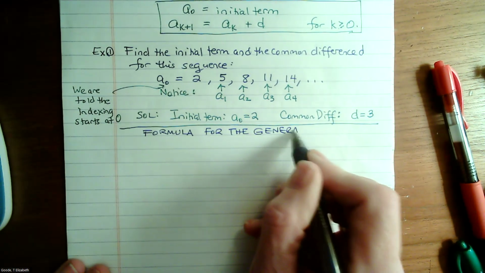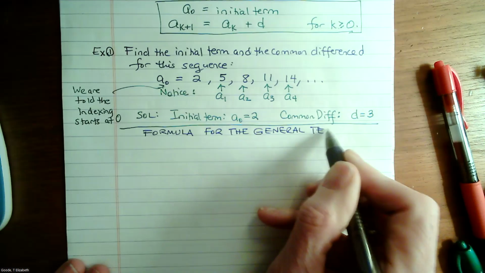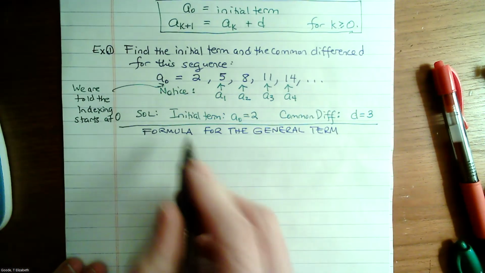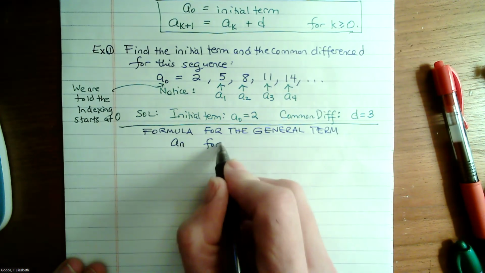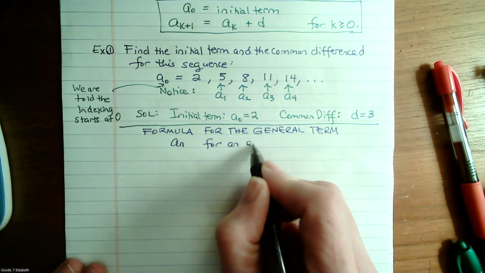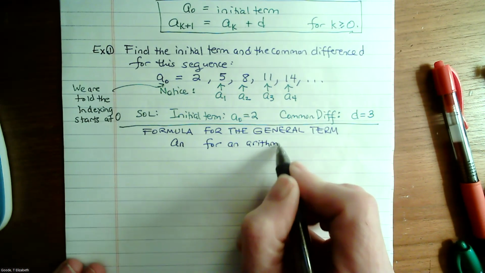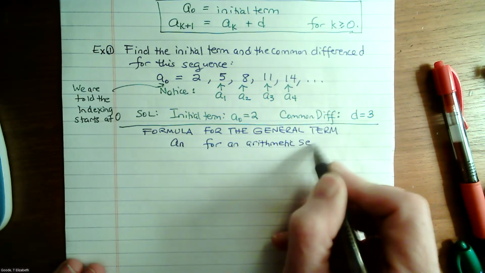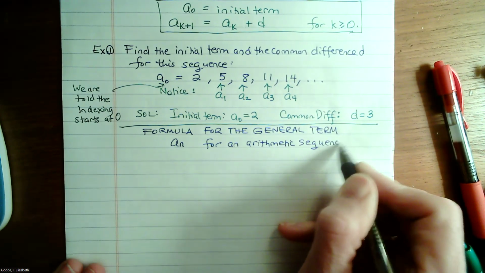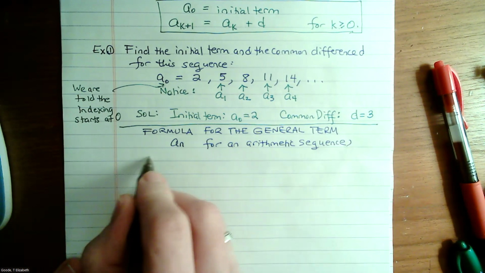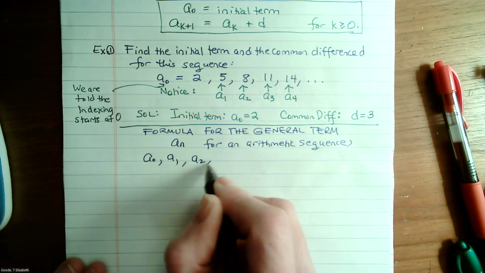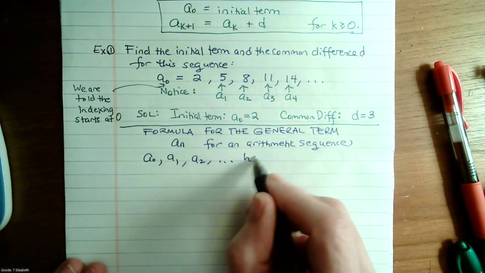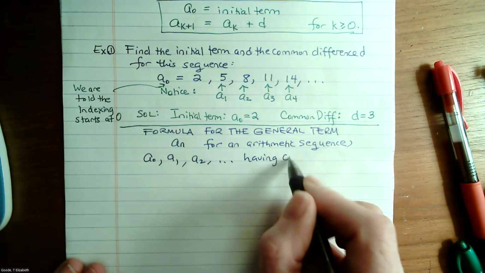Formula for the general term, a sub n, for an arithmetic sequence, where that sequence looks like a naught, a 1, a 2, having common difference d.